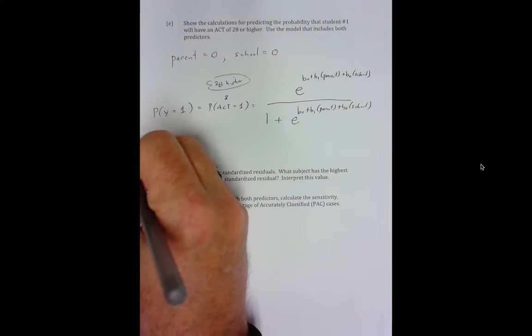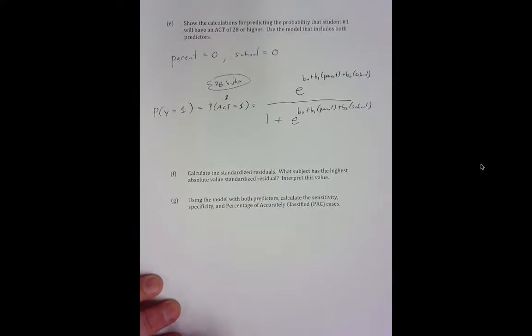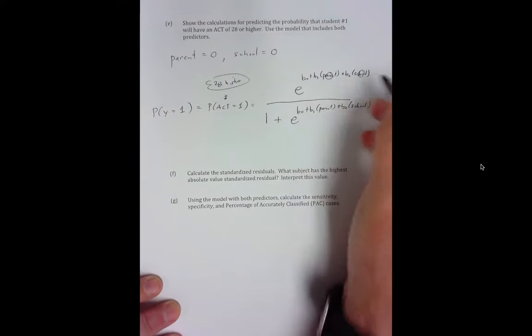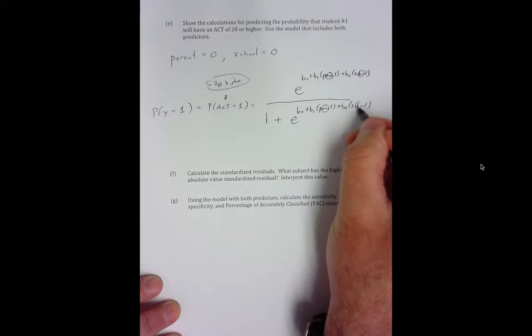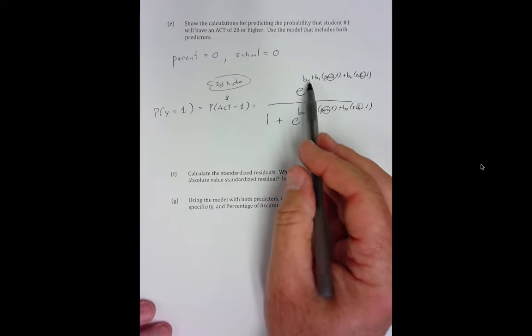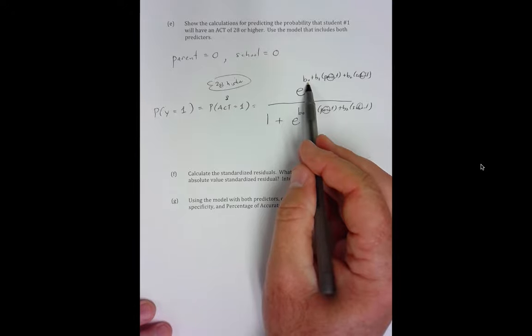And so what we're going to have here, we have 0 and 0, so we put a 0 in there and a 0 in there and a 0 in here and a 0 in there. Really what we get is just the intercept.